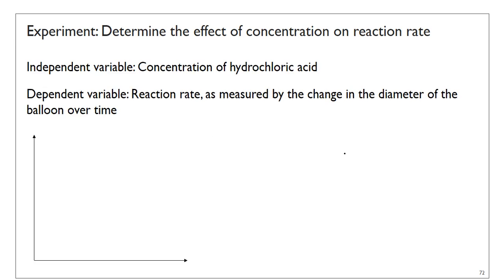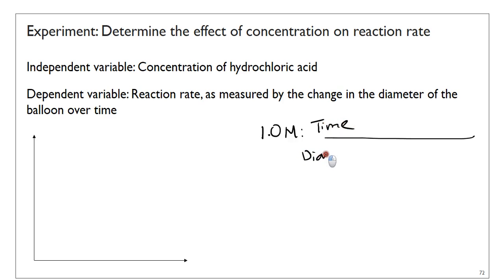And I just want to show you what it's going to look like if you need to represent the data. Let's say I will have one set of data for 1.0 molar, and it's going to be in the form of a table of time and diameter of the balloon.